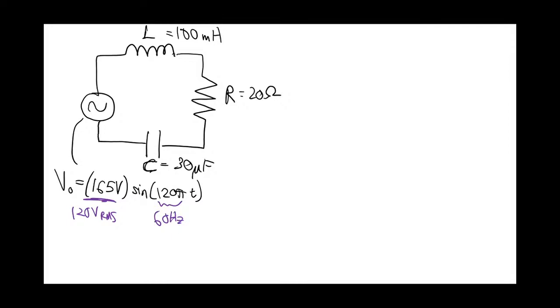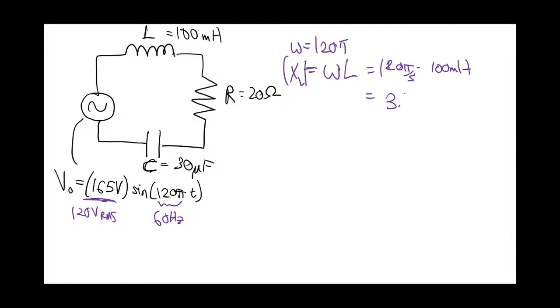If we supply it and plug it into this inductor, this resistor, this capacitor, based on the formula, we get that the size of XL, which we often quote as positive anyway, would be 120 pi times 100 millihenry. This is in radians per second, and it actually gives you the units in ohms: 37.699 ohms.